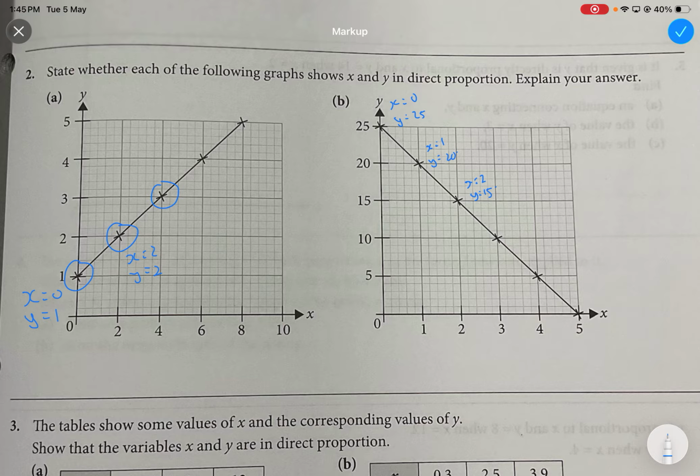Direct proportion, definitely it will be pointing upwards. Because the more x you have, the more y you have. But this one, you see, x 0, y a lot. When x increases, y decreases, sloping downward, so it is not direct proportion.